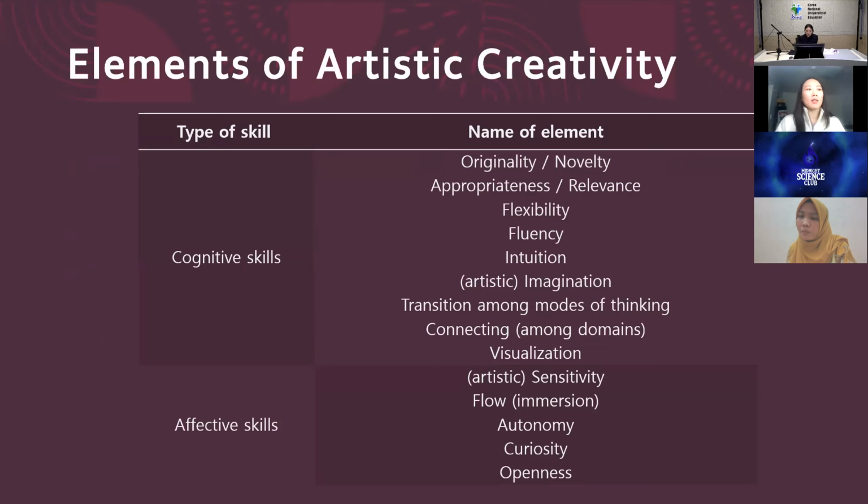These skills are likely to be categorized as domain general creativity. However, I could not find discussion about elaboration, which is considered a core element of divergent thinking in other areas, especially in science. Intuition, imagination, transition among modes of thinking, and connecting are frequently discussed, but visualization seems the most unique feature of artistic creativity.